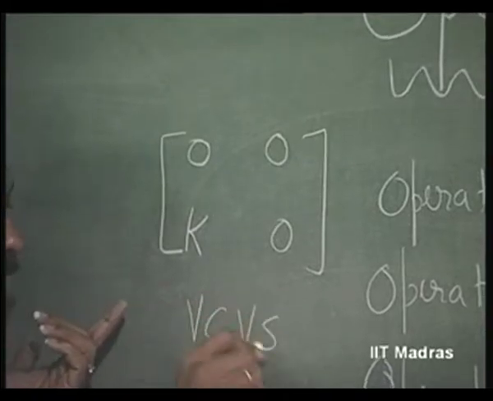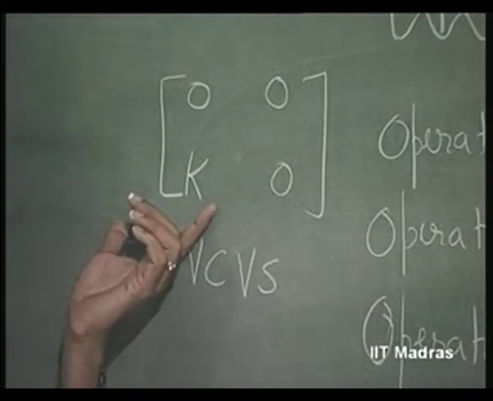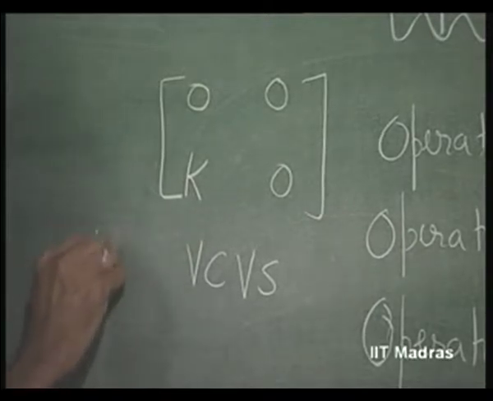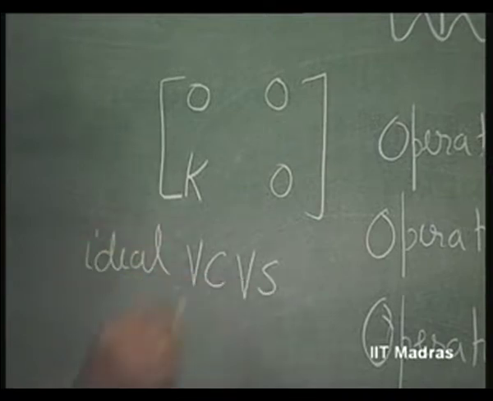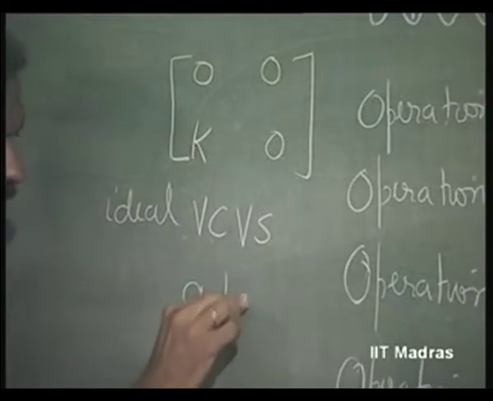Vc Vs. This parameter, if you remember, there is only one way of defining an ideal voltage controlled voltage source, it can be only defined by using what is called G parameter.